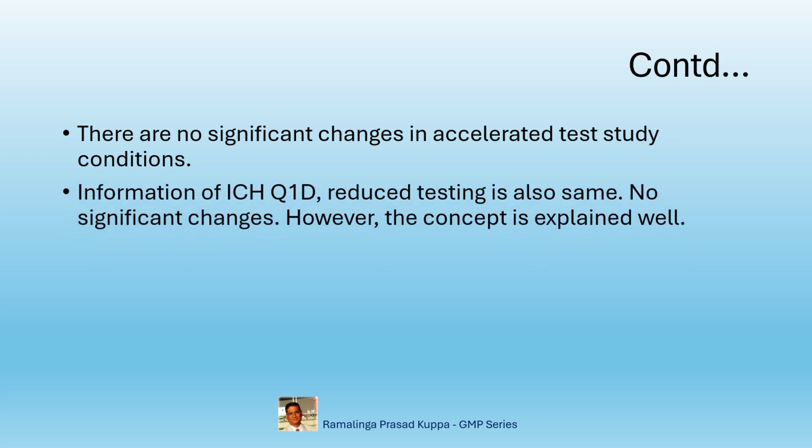The information from ICH Q1D on reduced testing is also the same. No significant changes. However, the concept is explained well. The brief information in ICH Q1D is explained in an elaborate way here. Annex 1 details the requirements of the reduced stability study protocol.